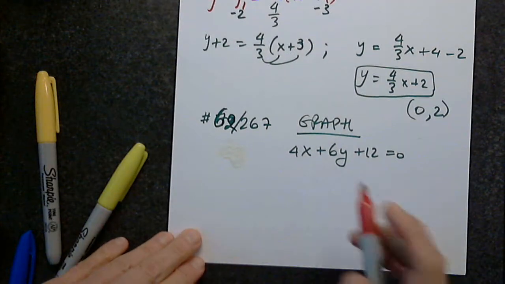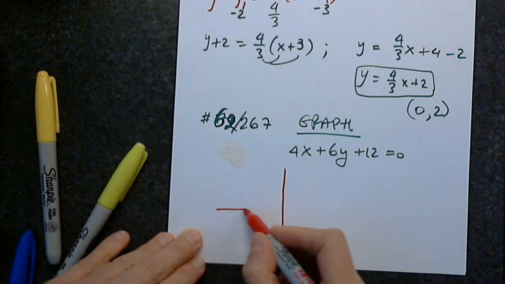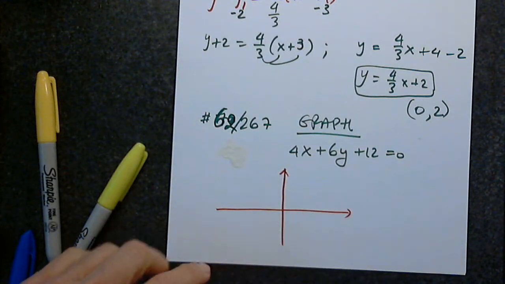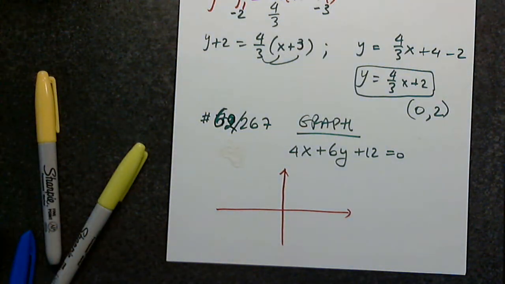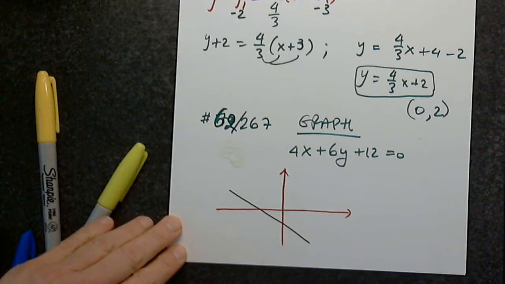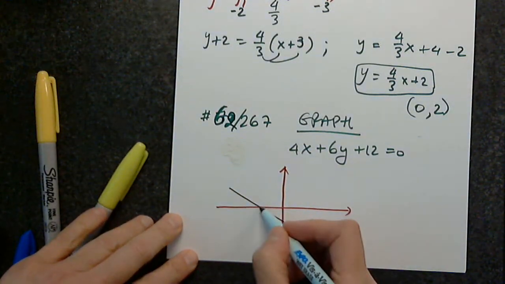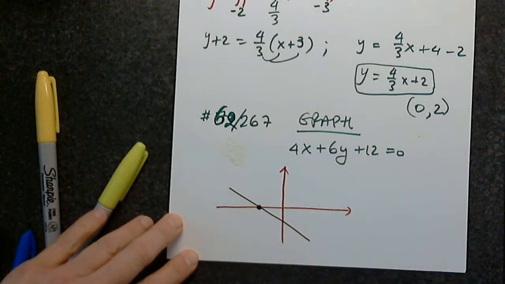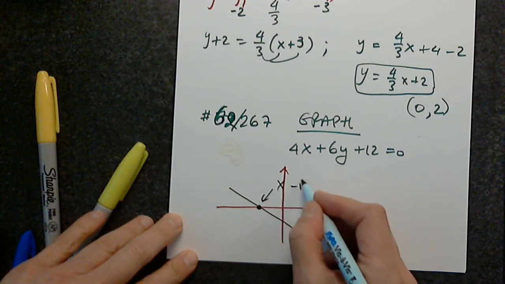Okay. Now, if we look at a coordinate system, and I say to you, here's a graph of a line. How do we call this point? Very good. This is called the x-intercept.